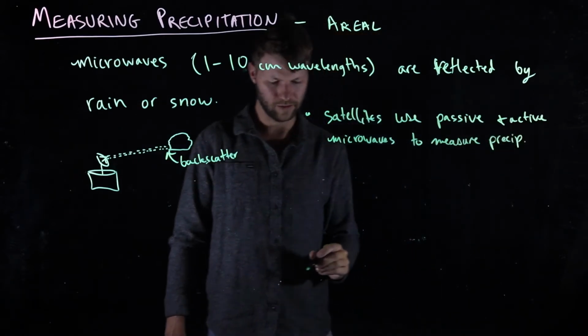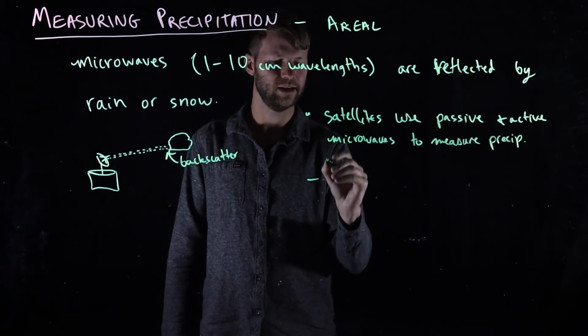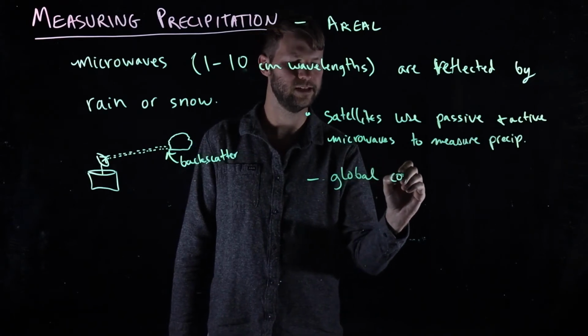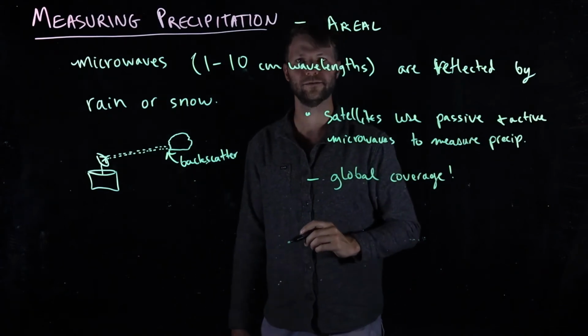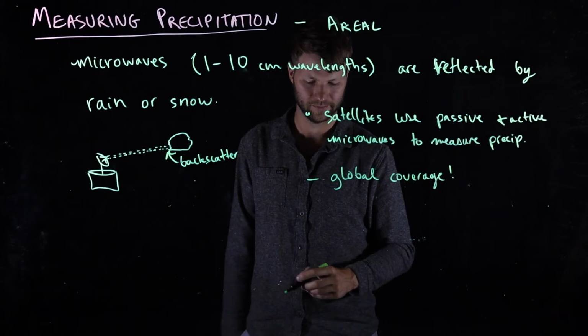So the great thing about this is that this is the single best source for global coverage. No other data set or no other method can really provide information about precipitation happening at a global scale as well as these satellites can.